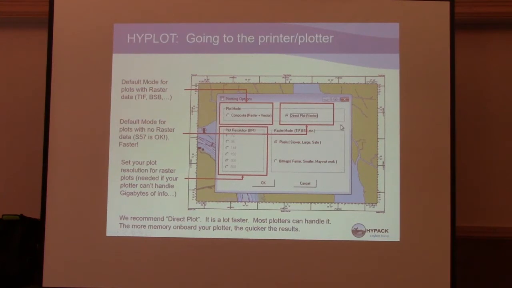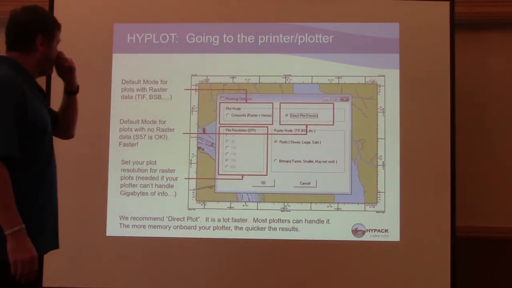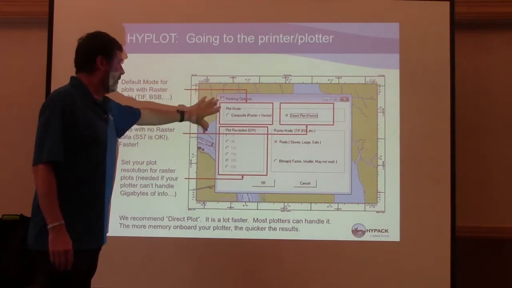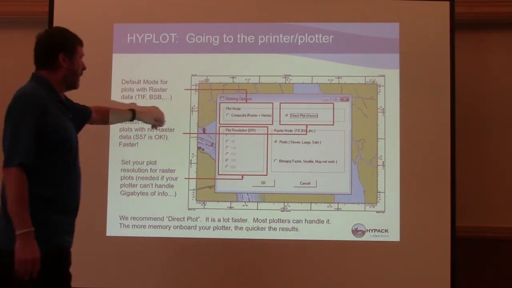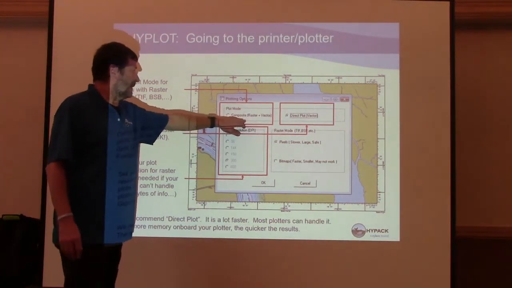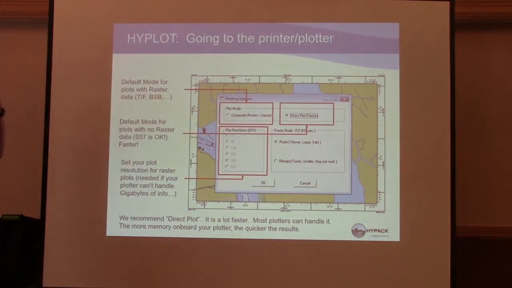Okay, and then if you're using an actual printer or plotter or plotter type driver, when you click on the print button, you get a window like this, and the default mode is the composite mode here, where it's basically raster and vector data that's being drawn.